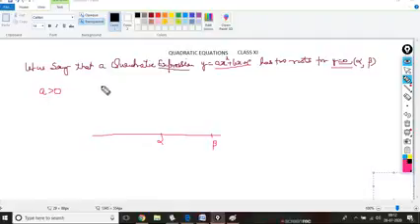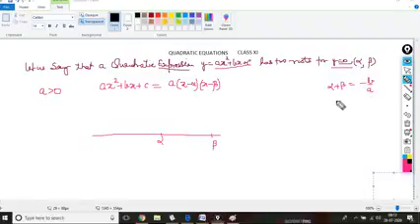Now see, ax square plus bx plus c, look at this very carefully. Actually this is equal to a into (x minus alpha) into (x minus beta). For those of you who don't understand it, let me give you a second, I'll explain. You know the sum of the roots alpha plus beta is minus b by a, and the product of the roots alpha beta is c by a.